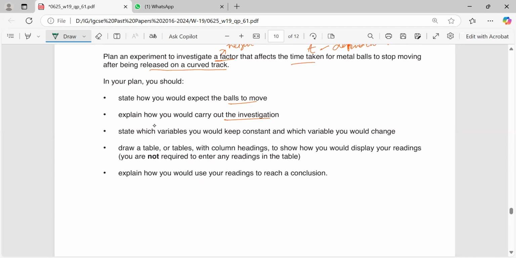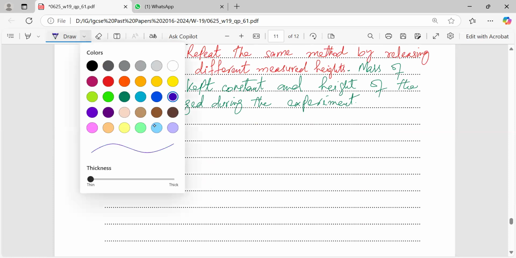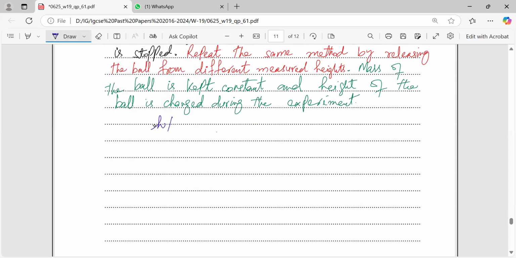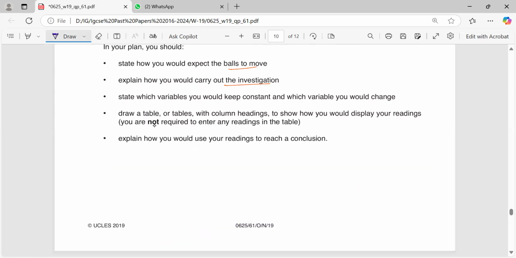In the column headings we will have height, in millimeters or centimeters, and time to stop, in seconds, and don't forget to write the unit. So let's write the height in centimeters. And last is how you would use your readings to reach a conclusion.